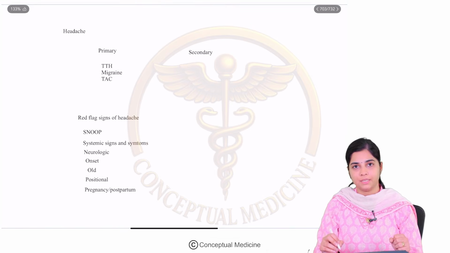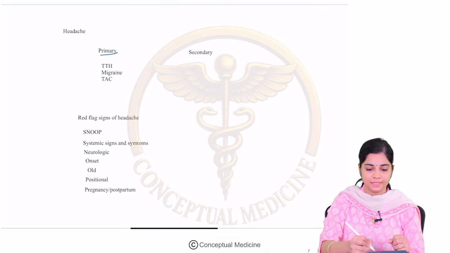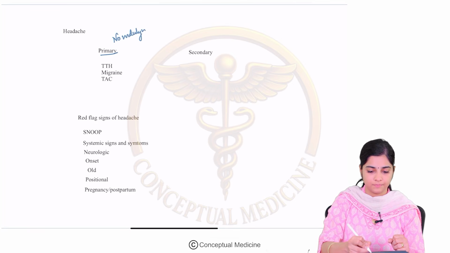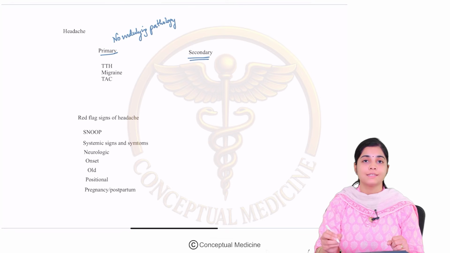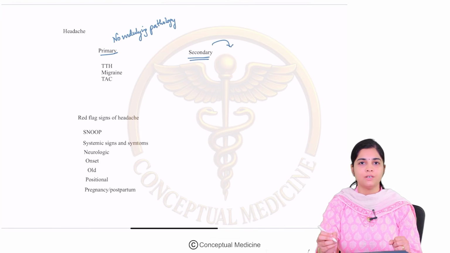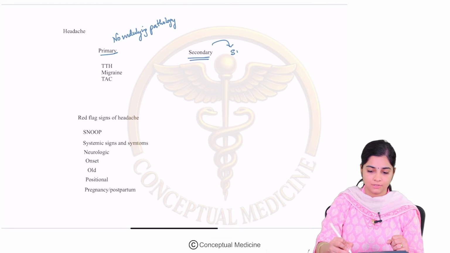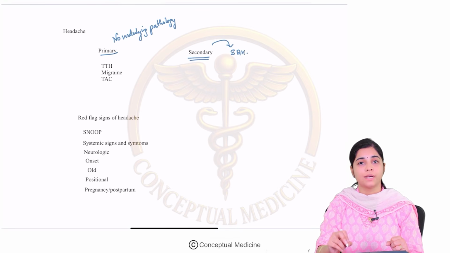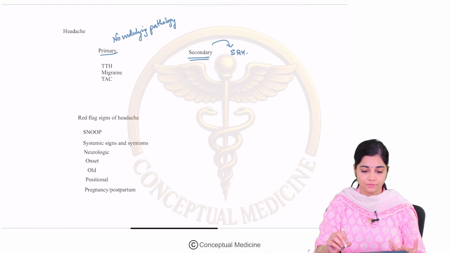Headache can be classified as primary headache, where no underlying pathology is found, and secondary headache, where the headache occurs secondary to a pathological process. For example, in subarachnoid hemorrhage, you have the worst headache of your life. This is an example of secondary headache.